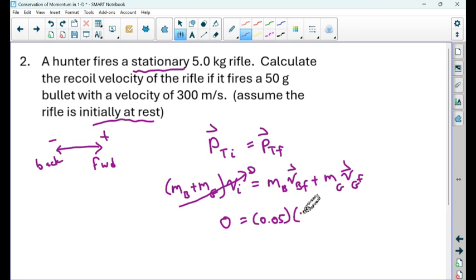And we know it's moving at 300 meters per second forward. So I'll write it as a positive. The mass of the gun, that's 5 kilograms. The velocity of the gun final, we don't know. We're going to find out. But we know we should get a negative answer. It should be backwards. Okay. 0.05 times 300, that's going to end up being 15.